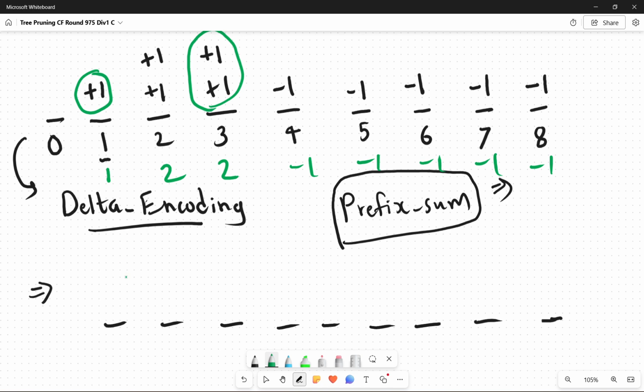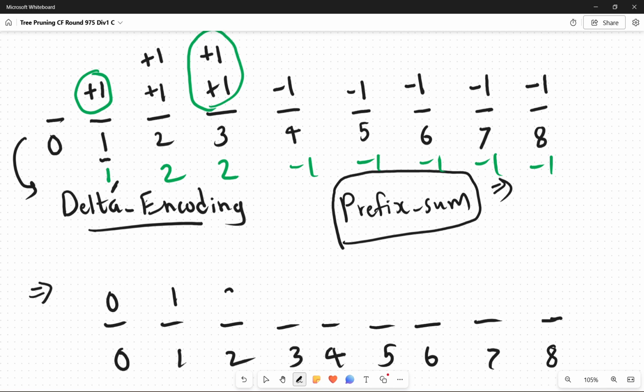So let's start taking the prefix sum: 0, 1, 3, 5, 4, 3, 2, 1, and 0.